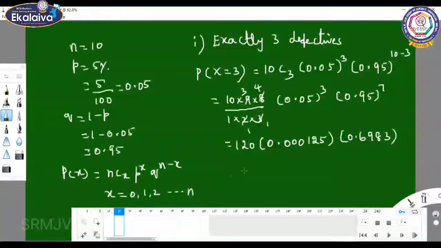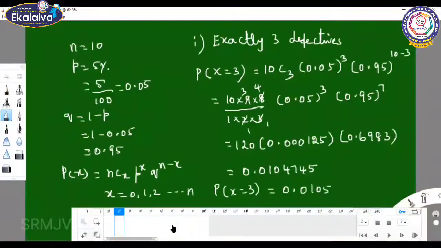What is the value you are getting? 0.010474745. Do the calculation part using the calculator. P of x equal to 3 equal to 0.0105.